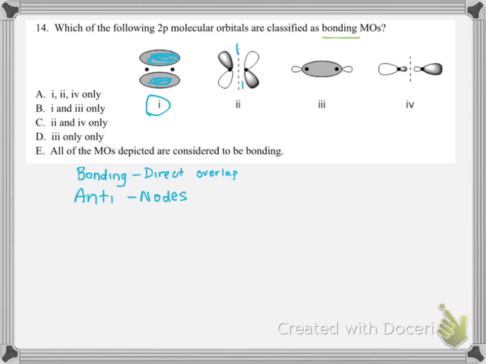Whereas in the second picture, this area where the electrons can't go is a node, so this would be antibonding. Number 3, for the same reason as the first one, is bonding, so we get the overlap. And 4, for the same reason, would be an antibonding orbital. So this is B.